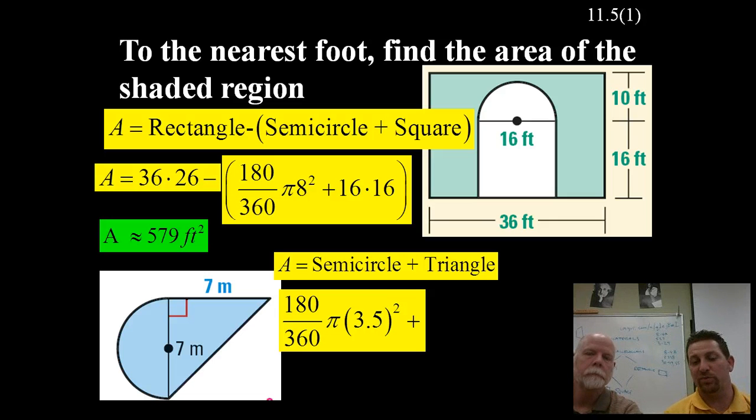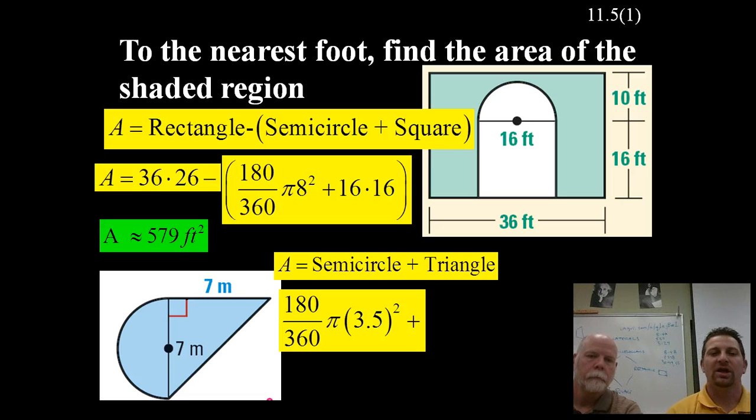Now the reason it's 3.5 squared, guys, is something that you got to pay attention to, and I meant to say this before: when that label for that semicircle is right next to the dot in the center, that means the diameter. If it's in one of the channels there, up or below, that means that's more the radius that you need to focus in on. So that's where the 3.5 comes in, it's half of 7.